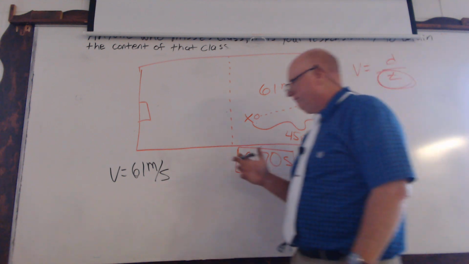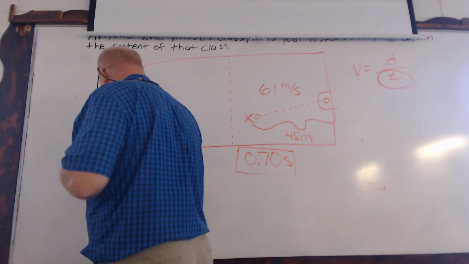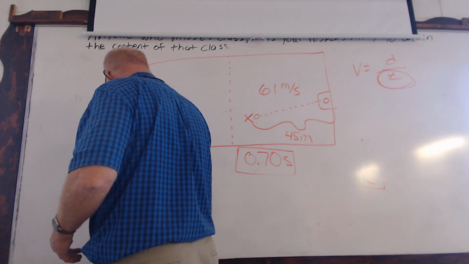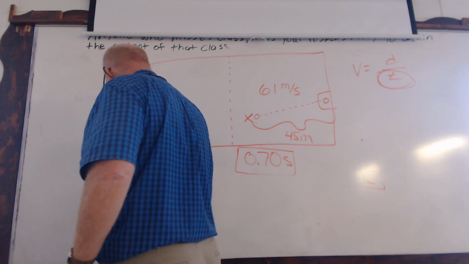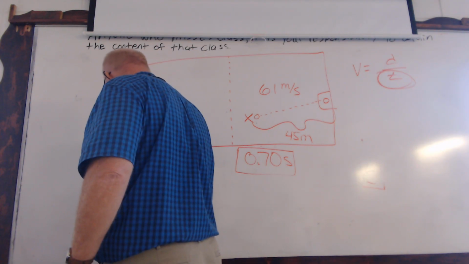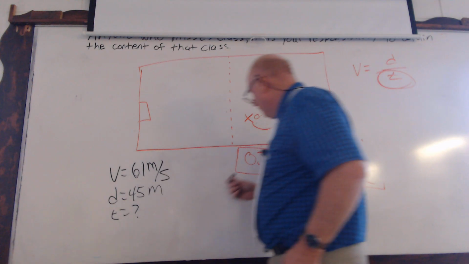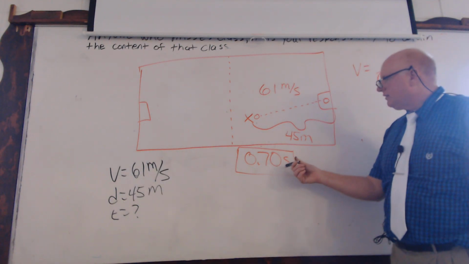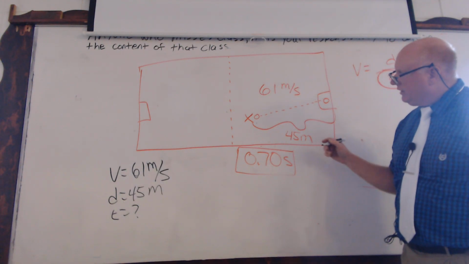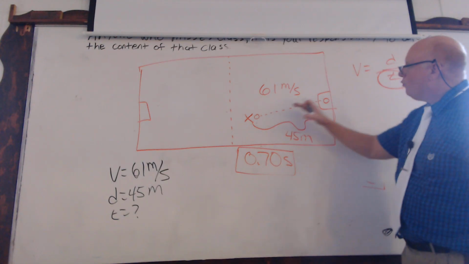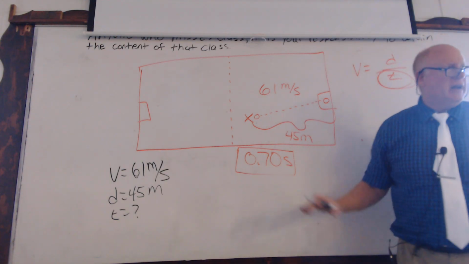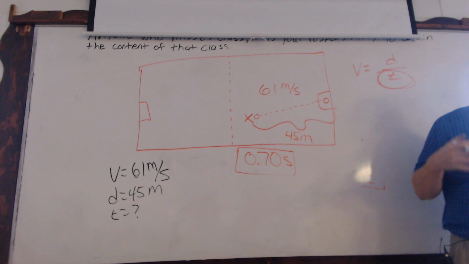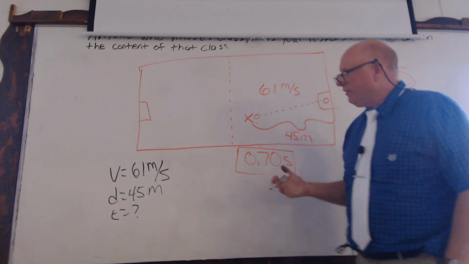The distance was 45, okay? And then what we don't know is the time. And I understand we're saying that there was 0.7 seconds left, but we need to see if that puck is going to reach that goal in 0.7 seconds, okay? I said that's what separates this sport from others.